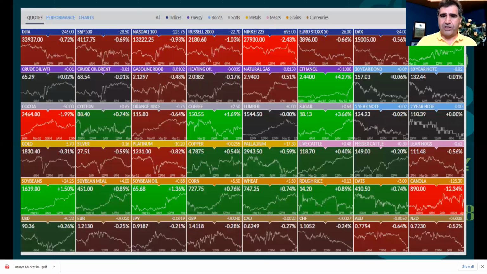I took a picture. I thought it would be interesting to see. This is from Finviz, which is available. So this is all the accessible futures markets that you can actually trade. Usually the top part is the stock indexes, from the Nikkei, which is the Japanese market, to Euro Stoxx and DAX, which is the German market, to Russell.